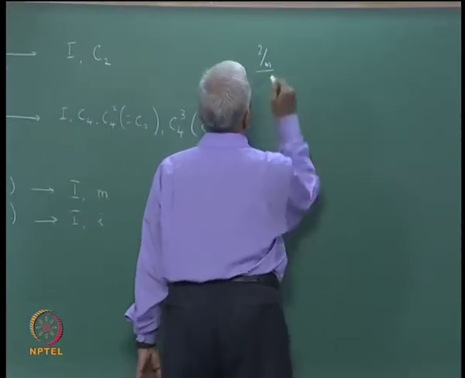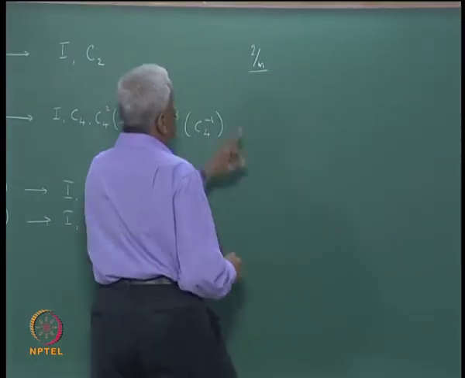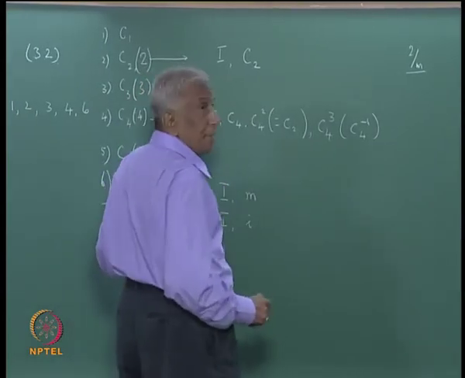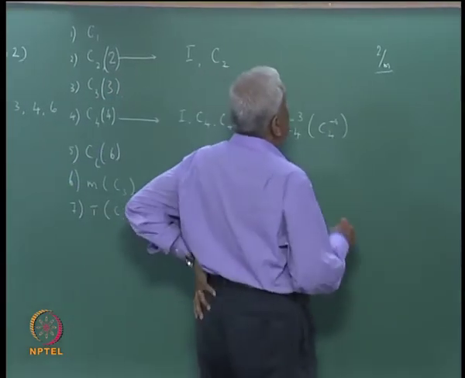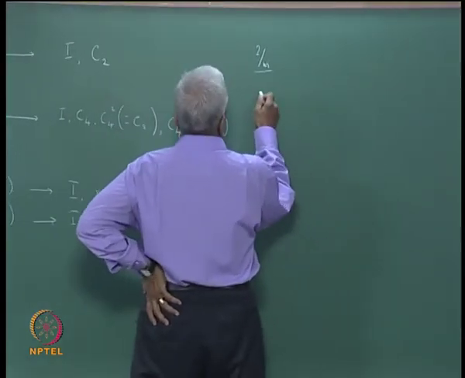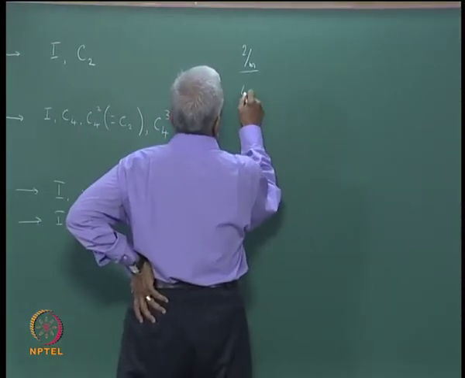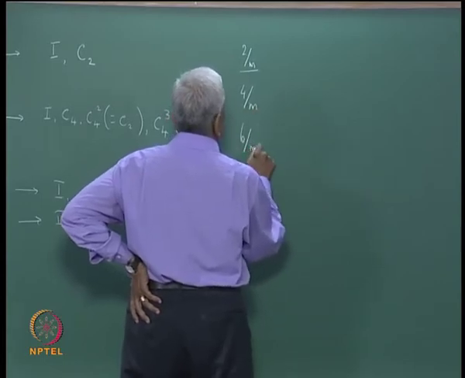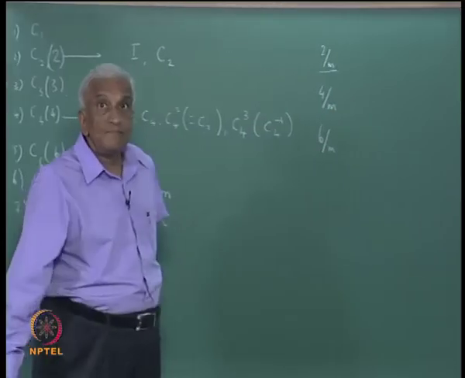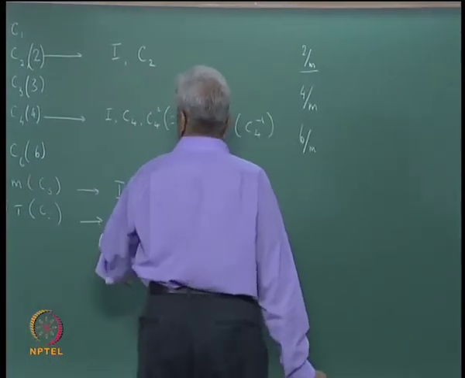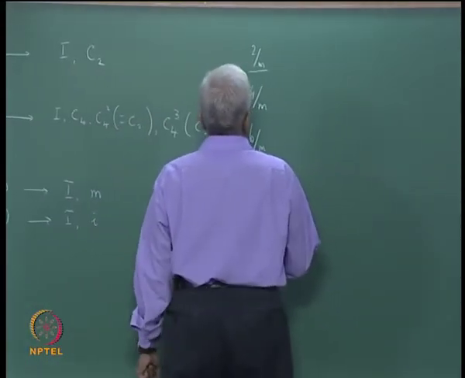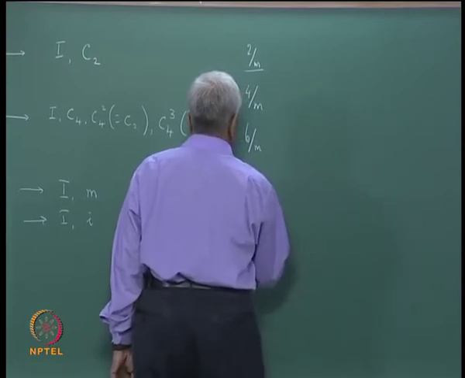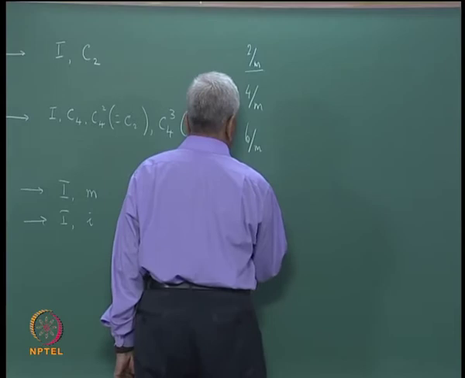So, we get the point group 2 by m, which is a direct product of C2 and m, and then similarly 4 by m and 6 by m. We can also get, just like we have 1 bar, other point groups like 3 bar, 6 bar and 4 bar.